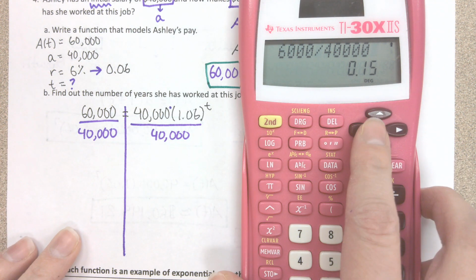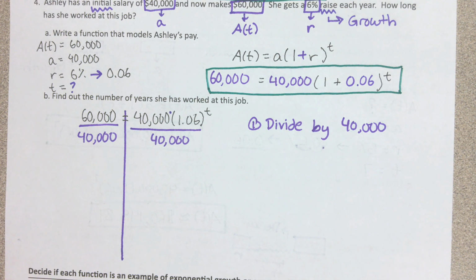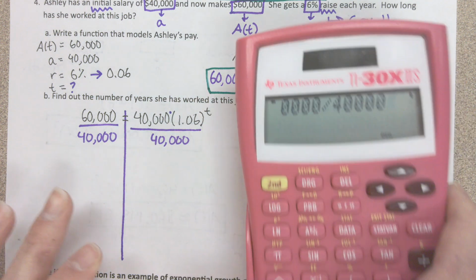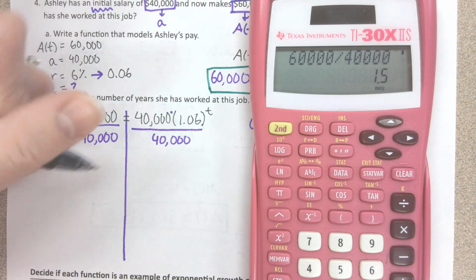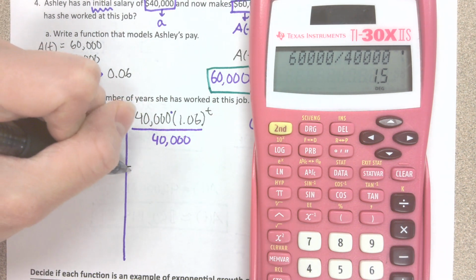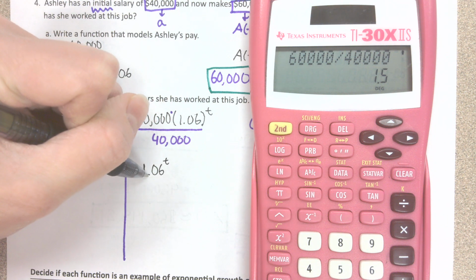I did that wrong. Hold up. I did 3 zeros. Let me fix that. Okay. 1.5. 1.5 is equal to, you can drop the parentheses, 1.06 to the t power.